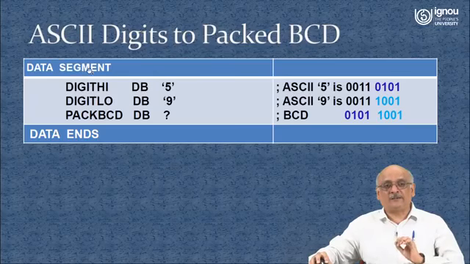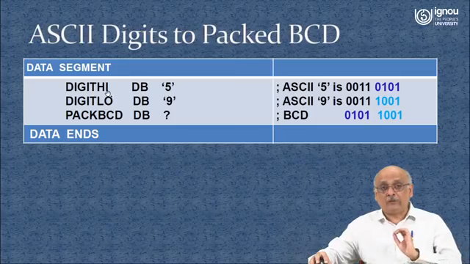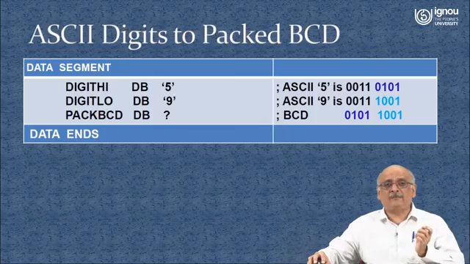Now the data segment is very, very important here. Now what we want to do and how we want to do it. First is ASCII digits to be packed to BCD. That means when I'm having memory locations, it should store the ASCII digits. Now how do I communicate to the assembler that this is an ASCII digit, and not just a hexadecimal digit?